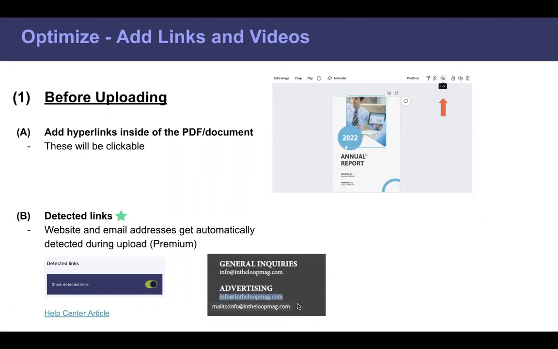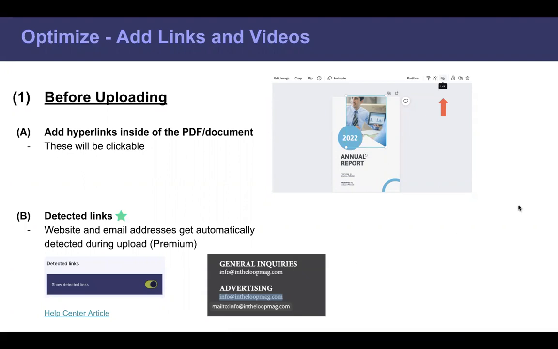This is basically just a text that got detected as an email link. This is something, again, on our premium plan. It can make your life easier in case there are, I don't know, 100 website addresses and email addresses inside of your publication. You do not have these hyperlinked and you do not want to do it one by one, the system can do it for you. So that's before uploading on Issuu.